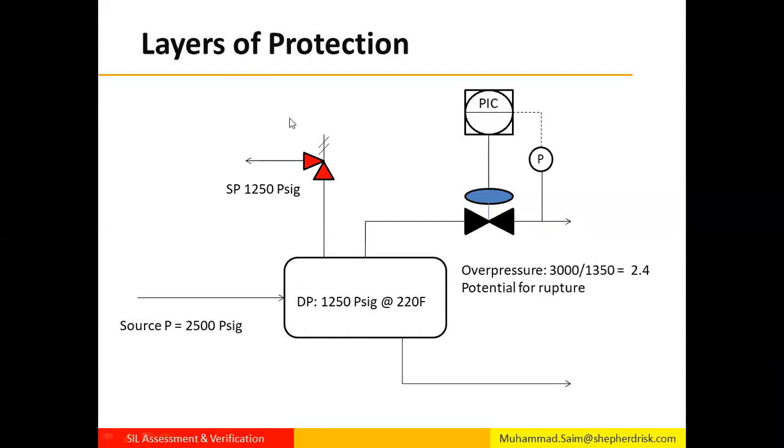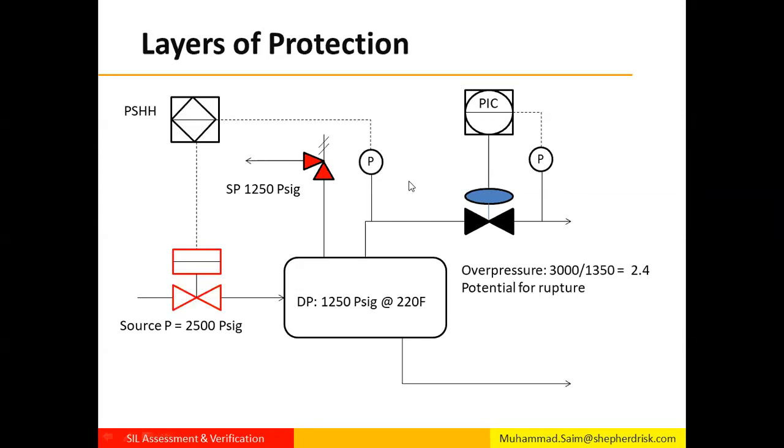To prevent that scenario, one safeguard is the conventional PSV, and then, from our experience, we have provided a PSHH on the gas stream, which trips the inlet stream using an ESD or shutdown valve.